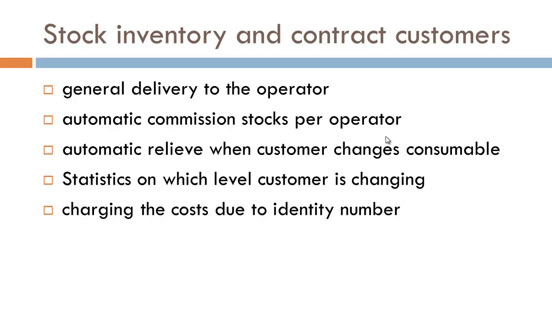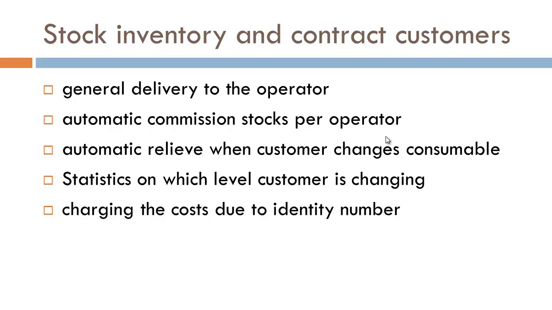I explained a little bit before. Then, if it's a contract, then we put the costs on the device, on the machine, to make at the end a profit and loss of contracts and profit and loss of machines.